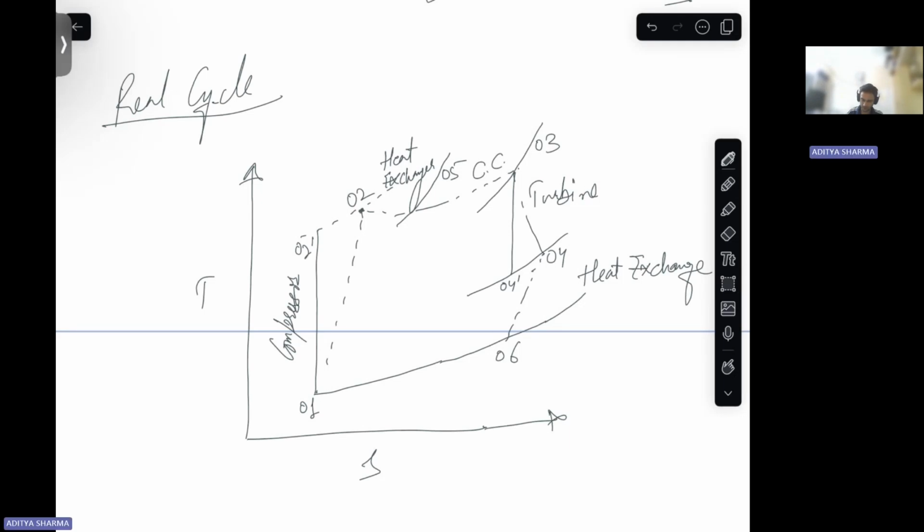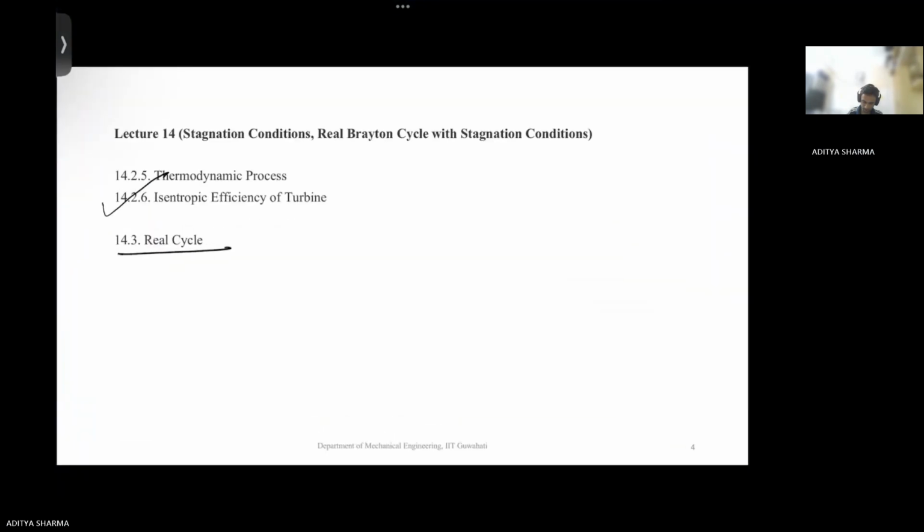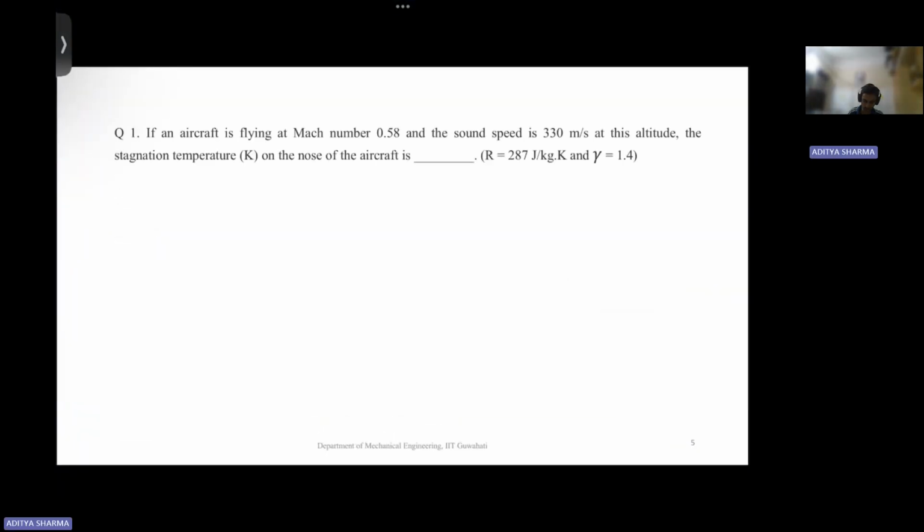Then moving on to questions. So first question we have here is this. Based on stagnation conditions, this question is there.